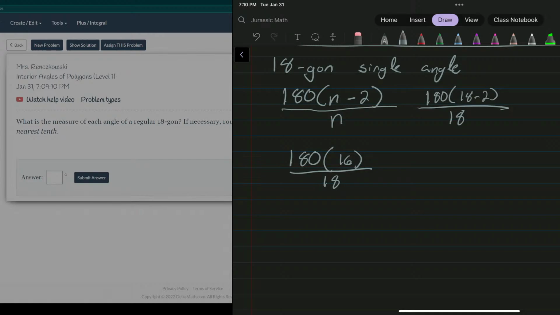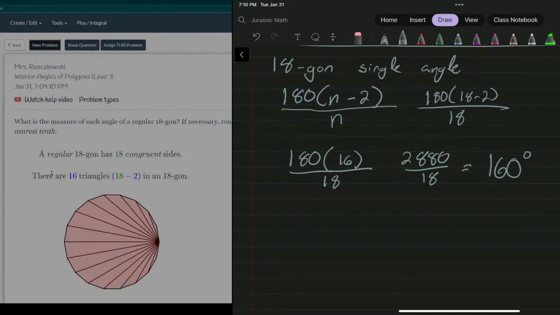I'm going to open up a calculator because I don't want to do that one in my head. 180 times 16 is 2,880 over 18. And then finally divide by 18 and I get 160. That means each angle measure is going to be 160 degrees.